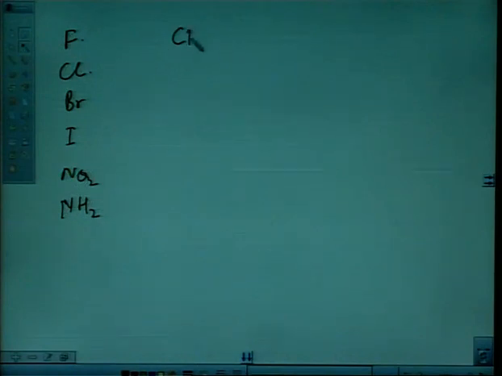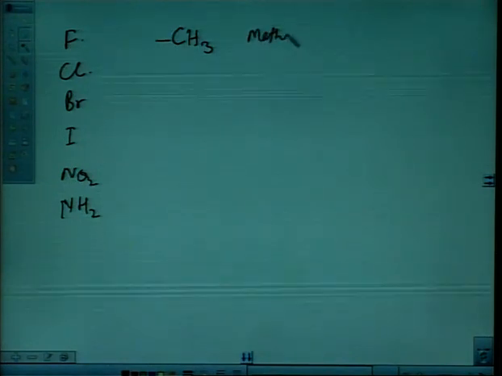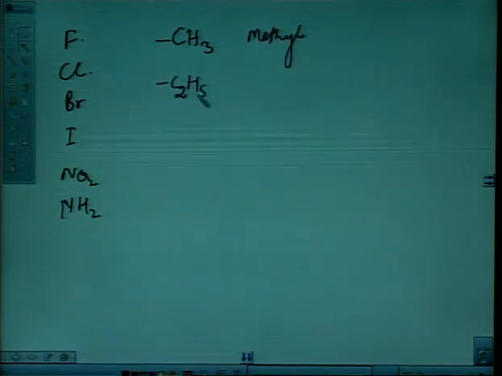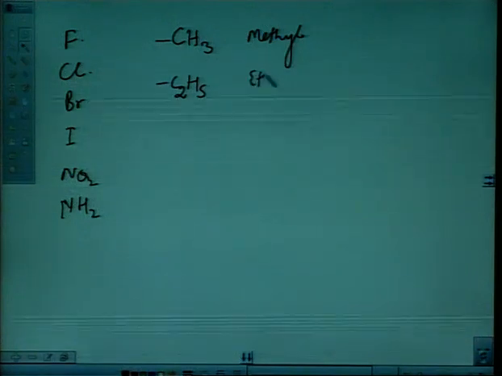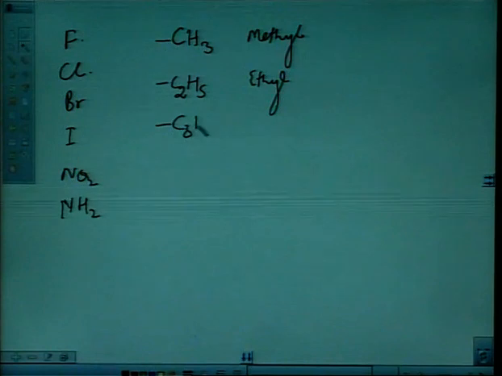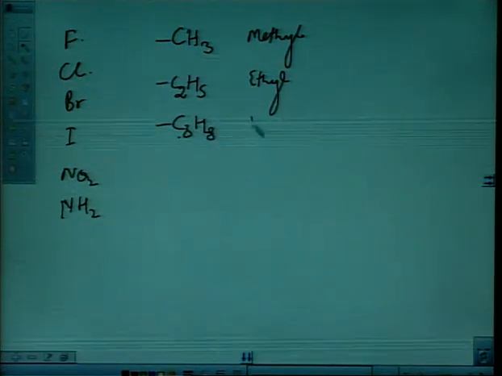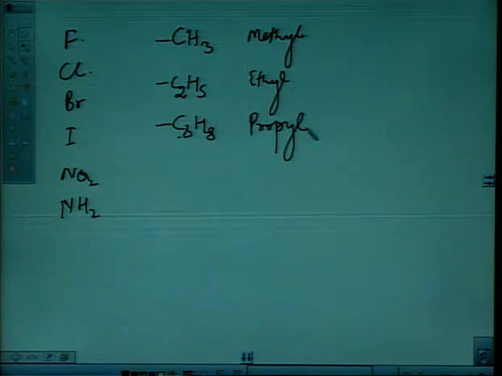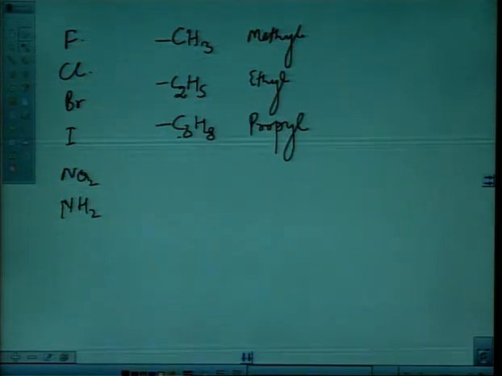So if this is the substituent attached, we will write it methyl, and if C2H5 is attached, we will write it ethyl. So from ethane, ethyl. So if this is attached, we will write it propyl. So these are prefixes, secondary prefixes.